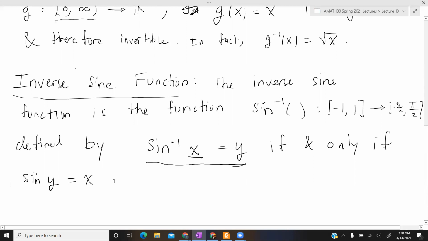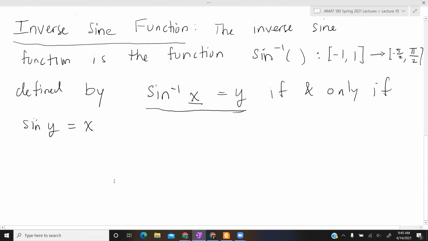So I want to point out one thing. First of all, sine inverse is sometimes denoted by arcsine.